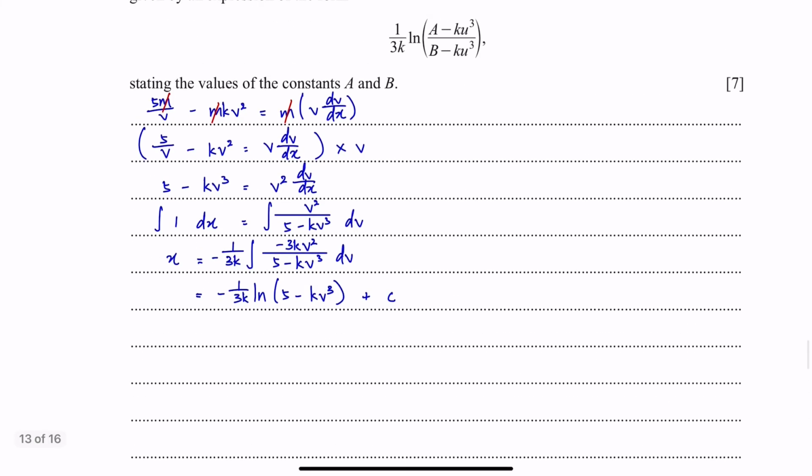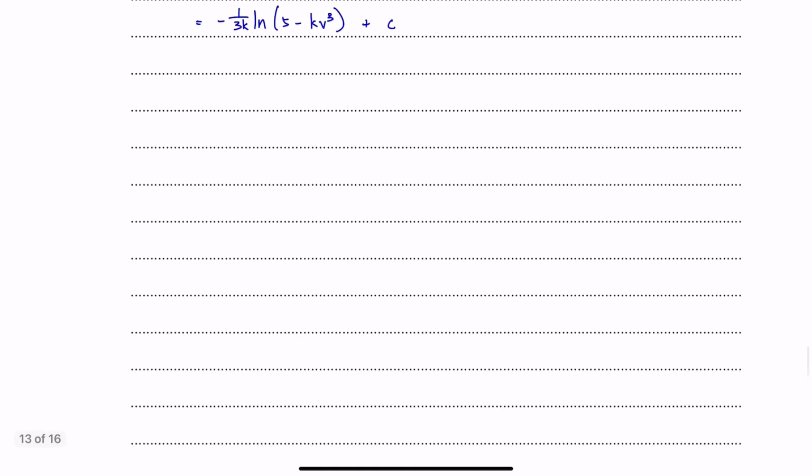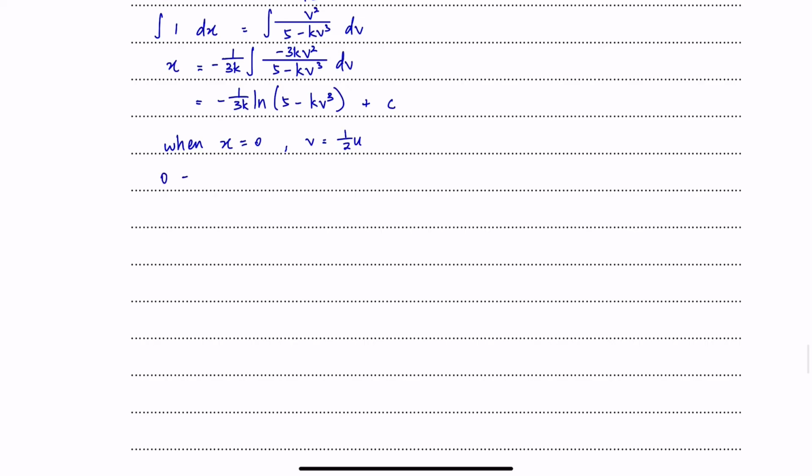To find the constant, we know that now this is a new thing, right? So we assume that this is the starting point. So x is equal to 0 over here. So when x equals 0, v equals half u, right? So 0 equals negative 1 over 3k times ln of 5 minus k times (1 over 2 u) cubed plus c.